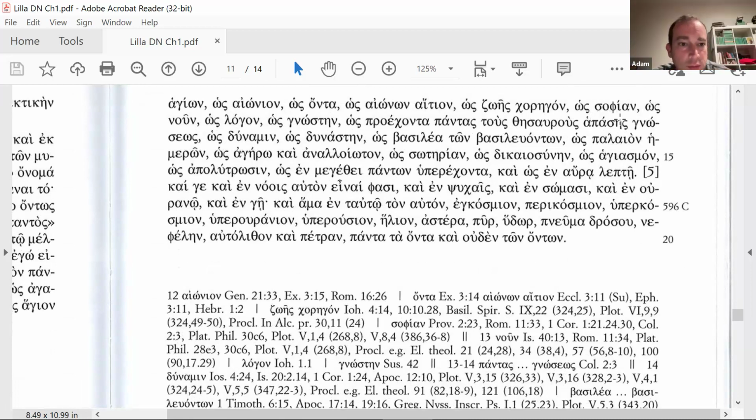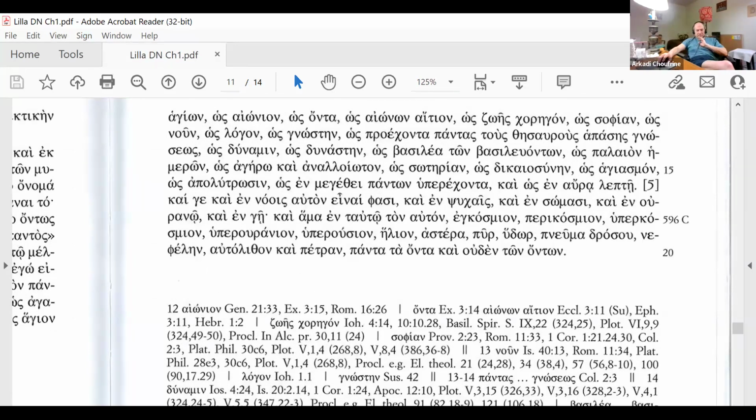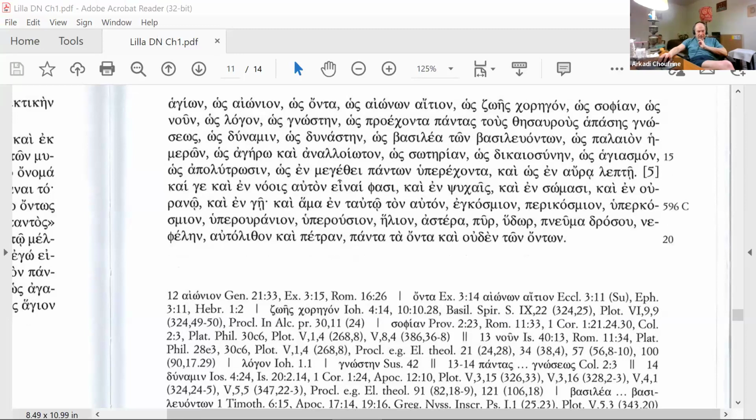As wisdom, as mind, as speech, as knowable, and gnostin, one who knows, the knower, from gnostis.